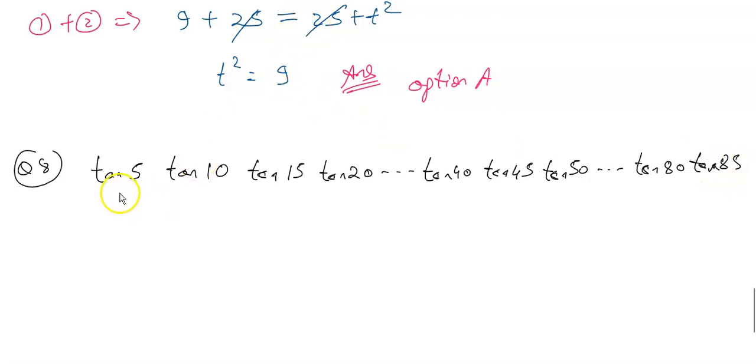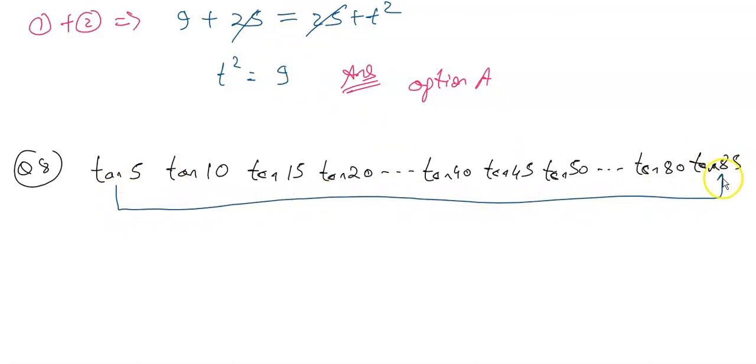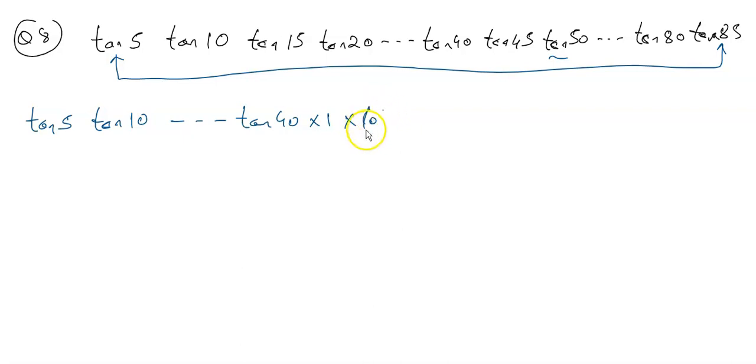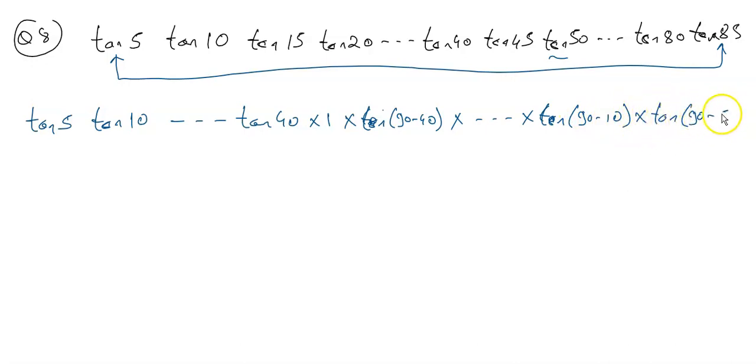ठीक है, अब तुम देखो कि 5 और 85 को, तो इनको ऐड करेंगे तो 90 क्रिएट होगा, तो कॉम्प्लीमेंट्री एंगल्स है, तो इसको हम लिख सकते हैं tan 5 देन tan 10 अप टू tan 40. tan 45 इज 1 इंटू tan 50 को लिख लेते हैं tan 90 माइनस 40. एंड इंटू यहाँ पे आ जाएगा tan 80 विच इज नथिंग बट tan ऑफ 90 माइनस 10 एंड लास्ट टर्म tan of 90 minus 5.